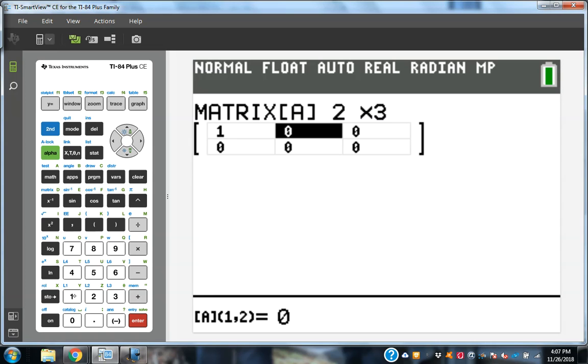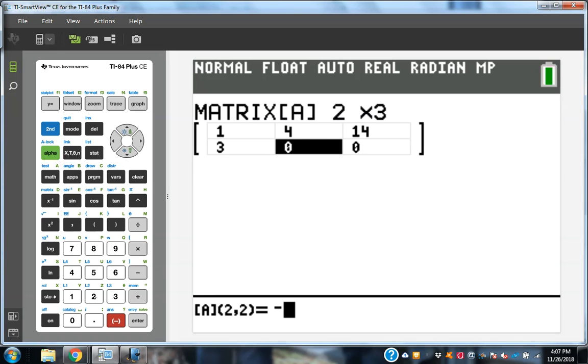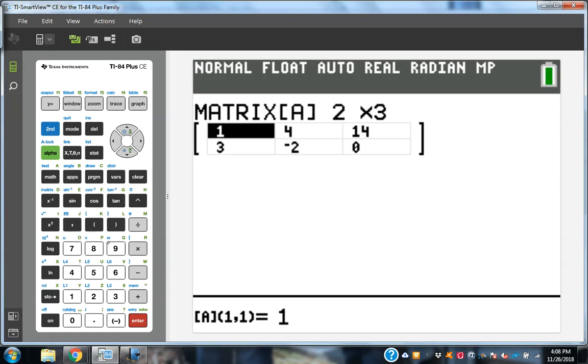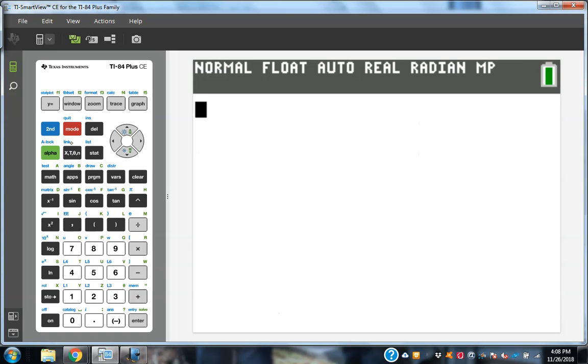So 1, 4, 14, 3, negative 2, and 0. Once you've put that in, you're going to press second mode to get back to the regular calculator screen.